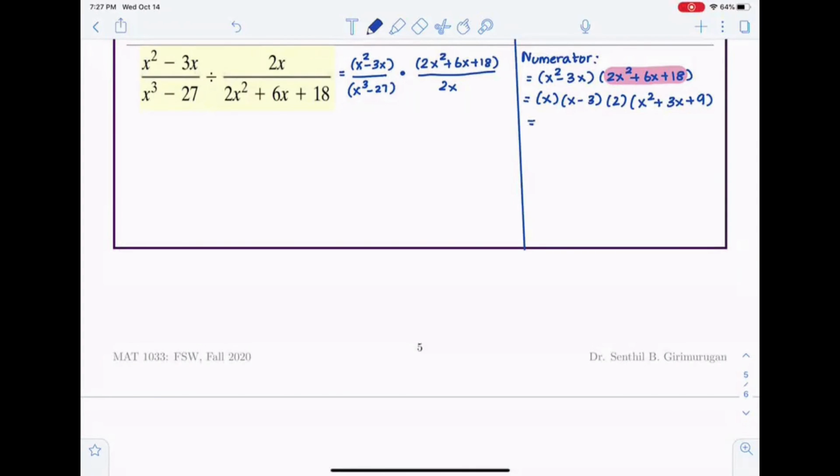So we can write this as 2x times x minus 3 times x squared plus 3x plus 9.